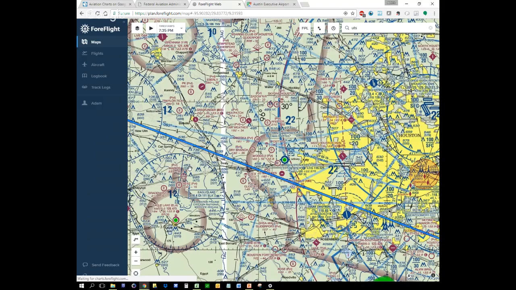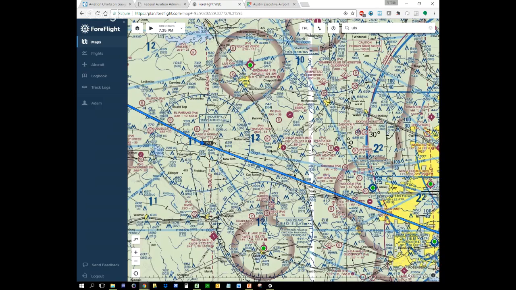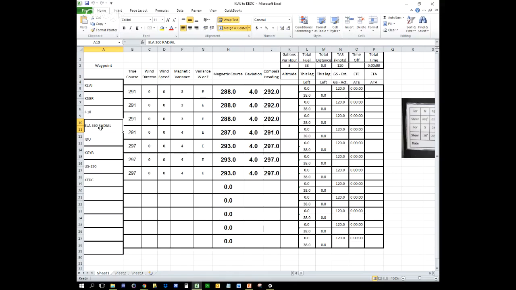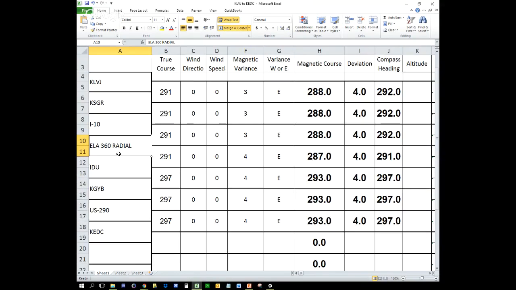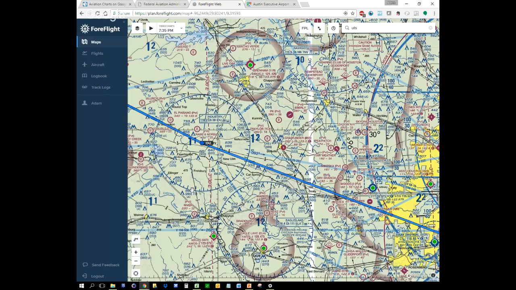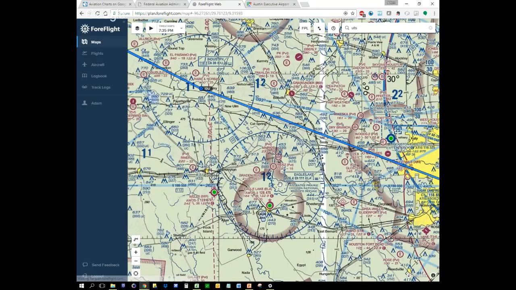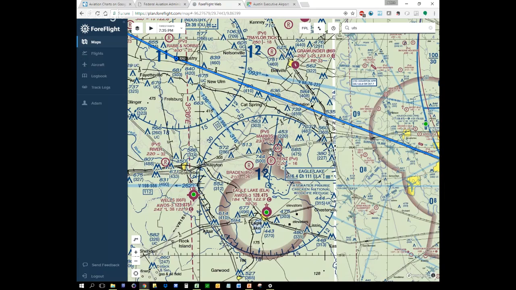And then, what did I pick next? Okay, I picked a radial off of a VOR. I picked the 360 radial off of ELA. So that's the Eagle Lake VOR. 360 radial, straight up.